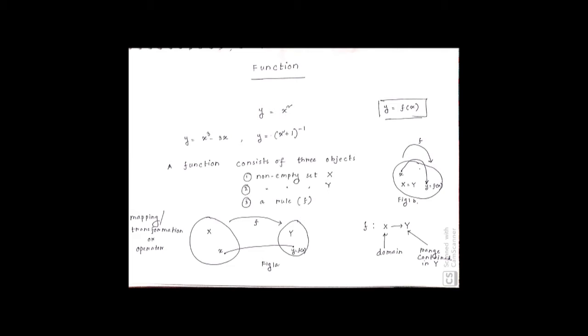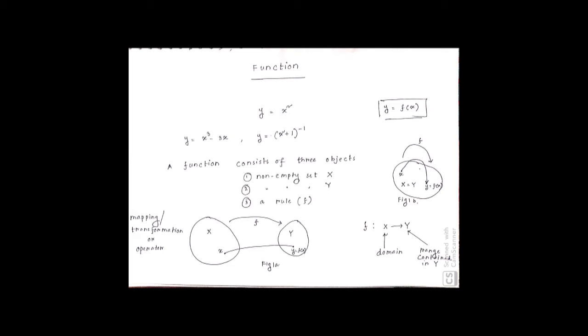Number one, a non-empty set X. Number two, another non-empty set Y. And the third one, a rule, which we call small f. This rule should be meaningful and unambiguous in assigning to each element x in capital X a specific element y in capital Y.